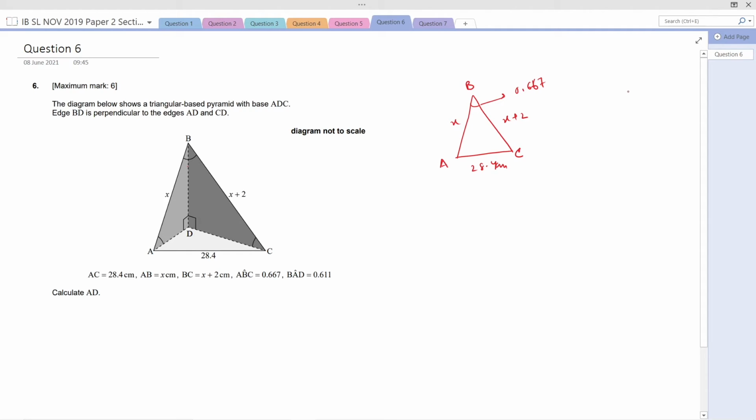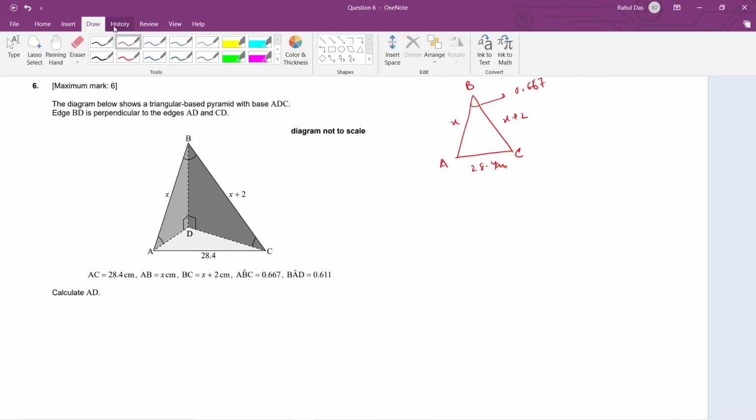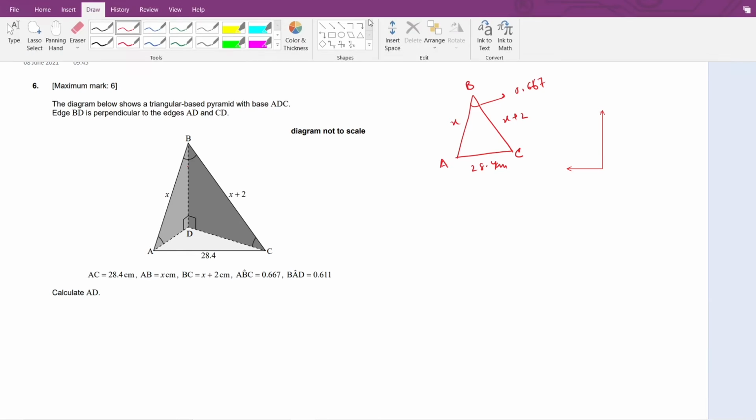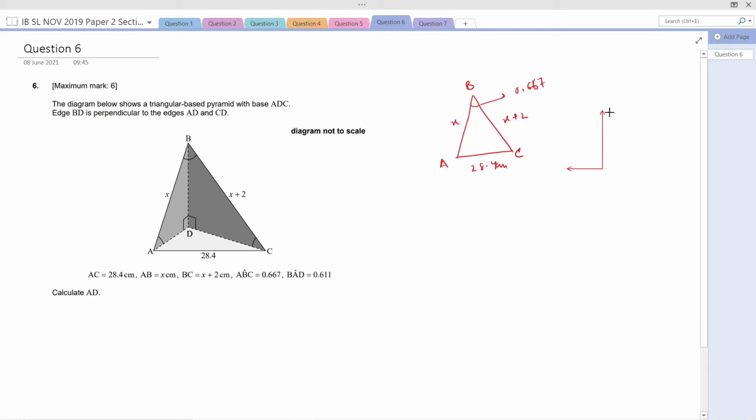The second triangle will be a right angle triangle. Let me show you. If you draw the images, it will be very easy for you to conclude anything.